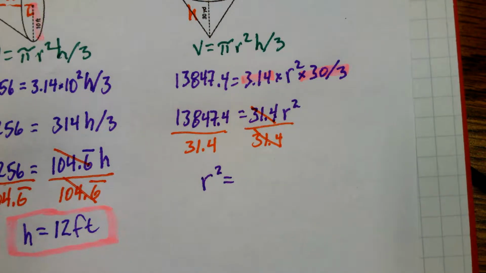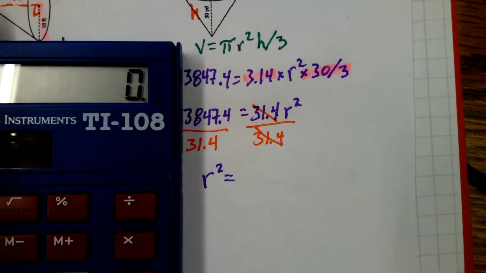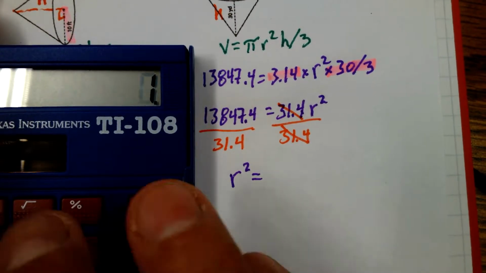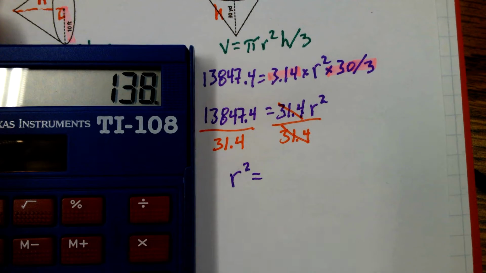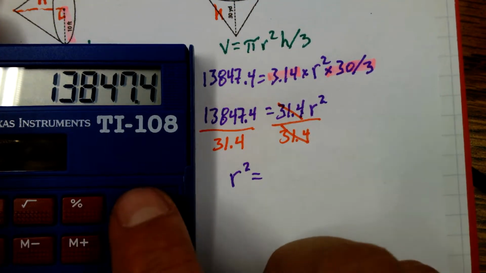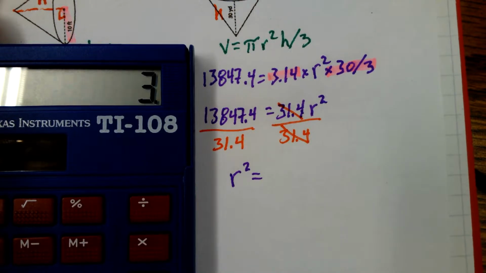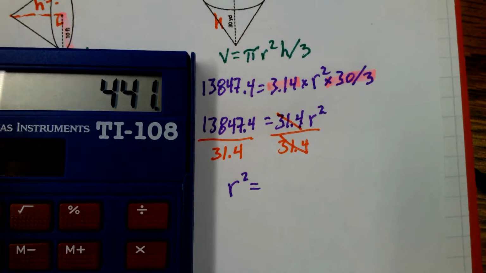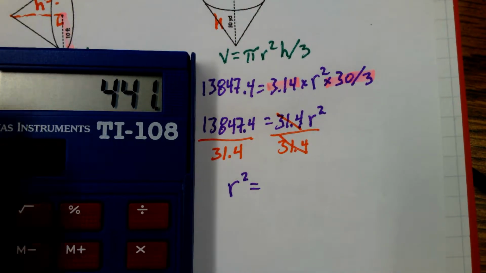So calculator time again. We're going to do 13,847.4 divided by 31.4. We get 441.